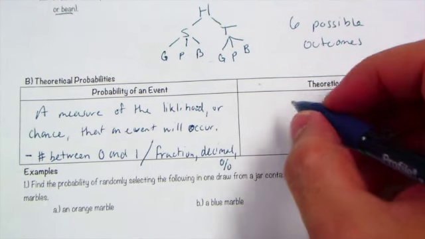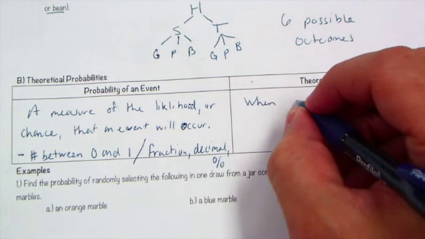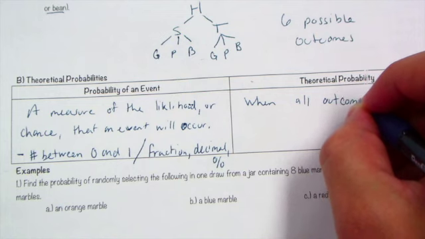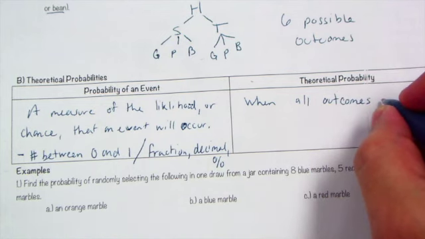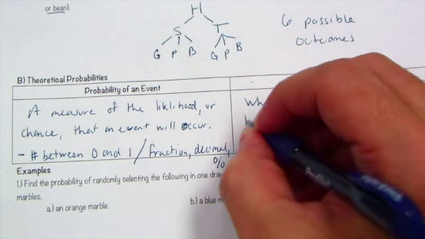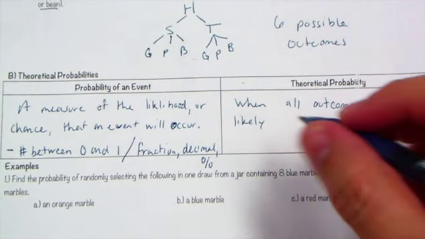So theoretical probability is used when all outcomes are equally likely. Like it's random. People get confused by this.